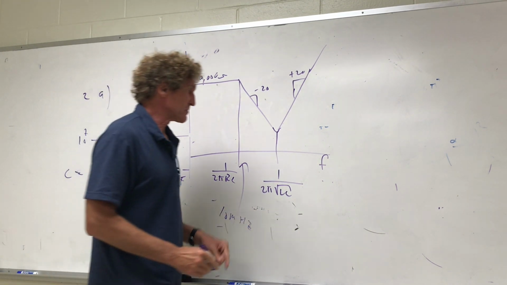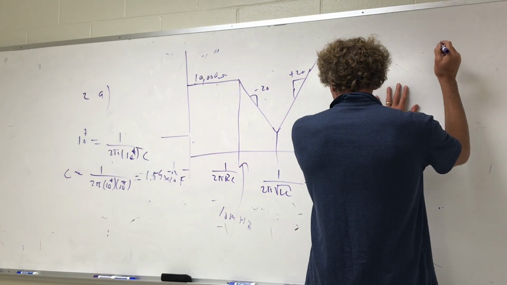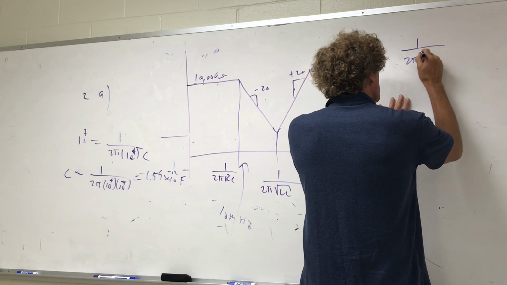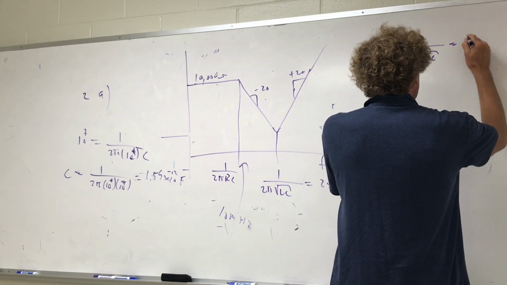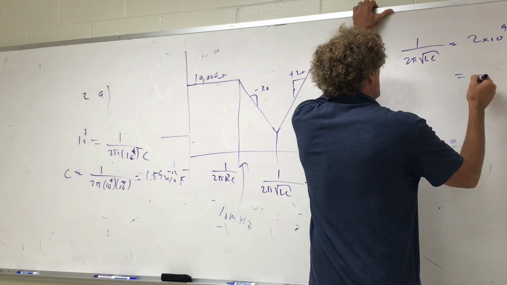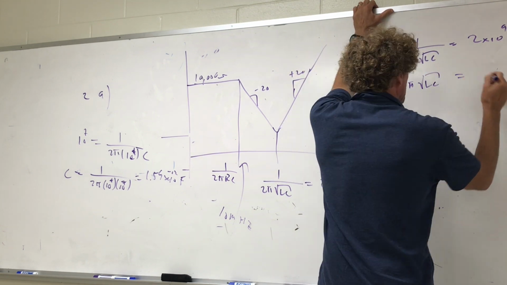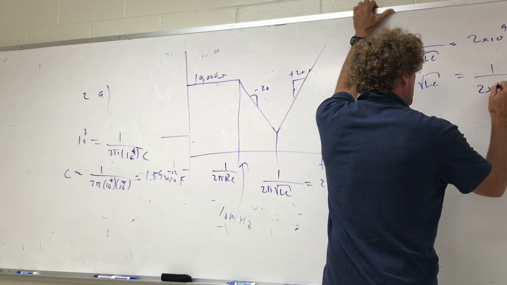Now, this frequency was at 2 gigahertz. Now you're going to go ahead and say 1 over 2 pi square root of LC is equal to 2 times 10 to the 9th. I'm going to go ahead and invert this, so I have 2 pi square root of LC equal to 1 over 2 times 10 to the 9th.